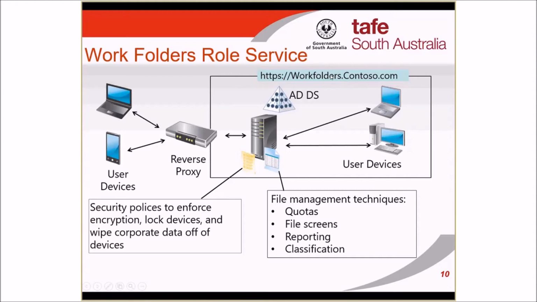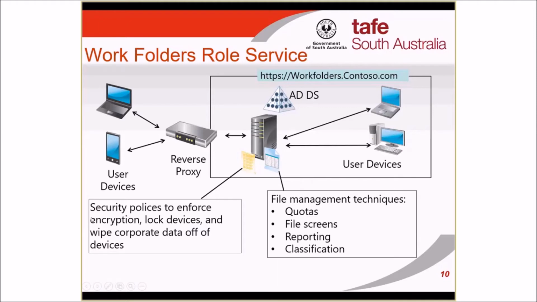Because it's based on HTTPS, we could be on the go. We could be in Bali, sitting in an internet cafe, having a coffee, and still be accessing files and resources back at our site through Work Folders, allowing us to do some work or to quickly do something really quick and important.